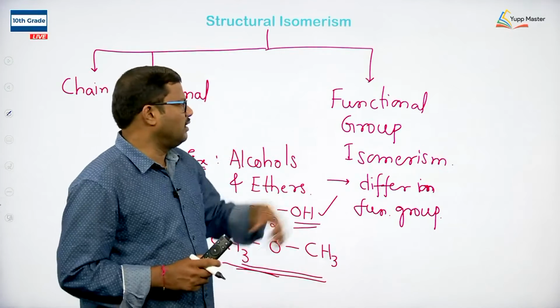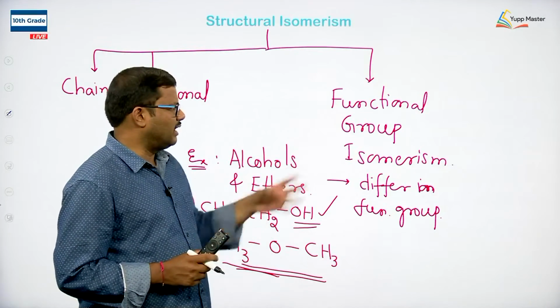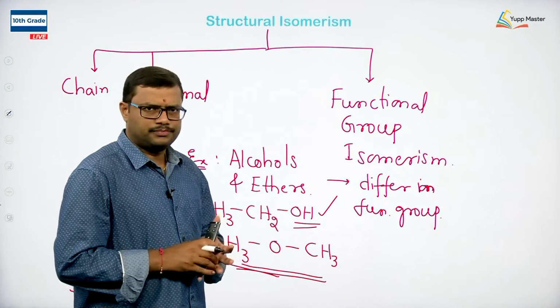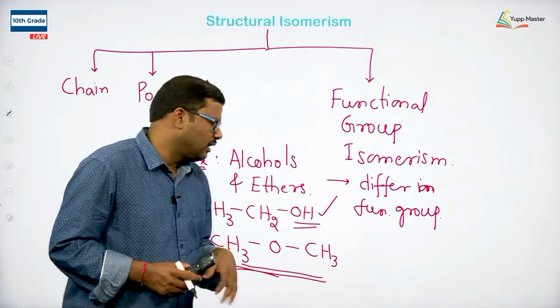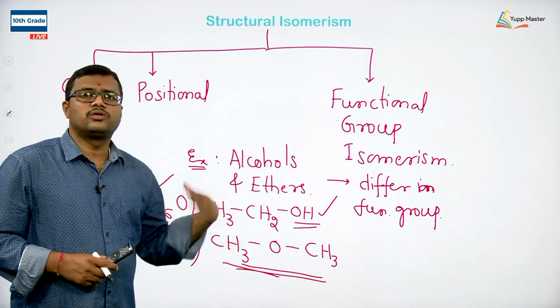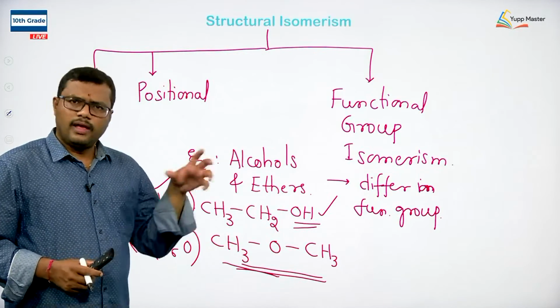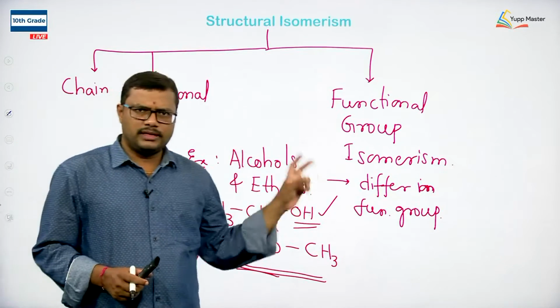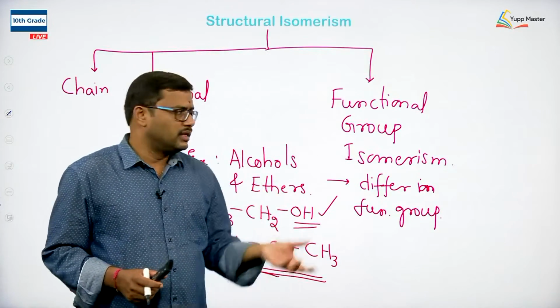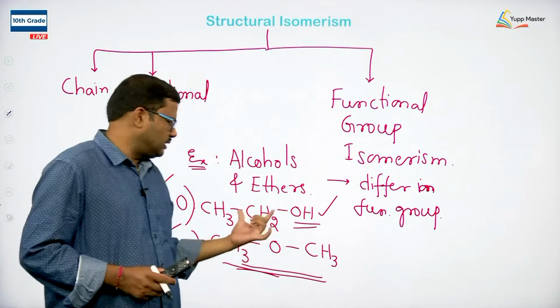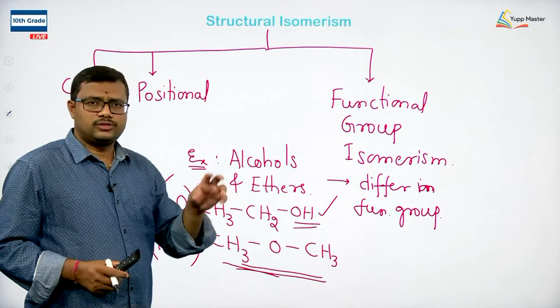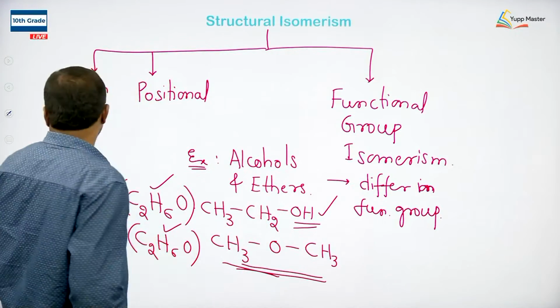That is how we can define functional group isomerism. The phenomenon is called isomerism, and the compounds exhibiting it are called isomers. Since it is functional group isomerism, these two are functional isomers, okay, right.